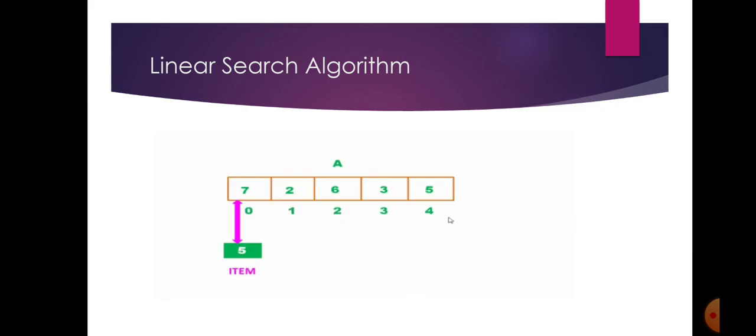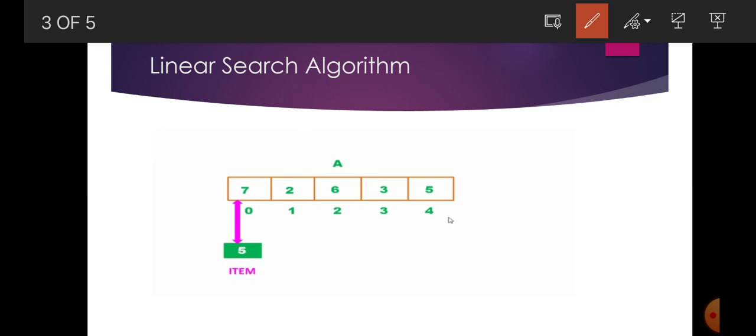Here an example is given. This is an unordered list of elements 7, 2, 6, 3, 5 stored in an array with index values 0, 1, 2, 3, 4. The item we are going to search for is 5. First we compare the start of the array, index 0. We check whether array of 0 stores the item 5. No, so we compare the next index.